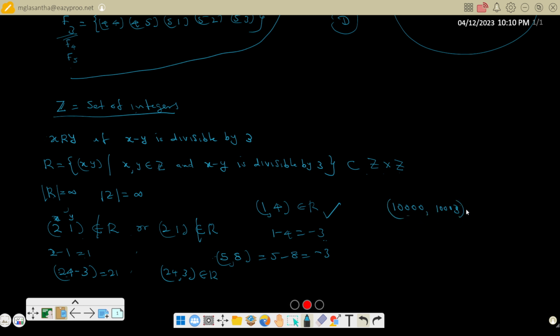So this element belongs to R. Why? If you take the difference, it's minus 3. Minus 3 is divisible by 3. Therefore, it belongs to R.